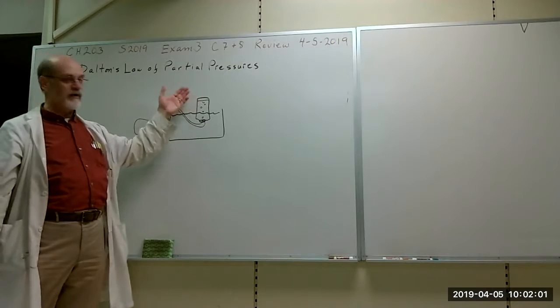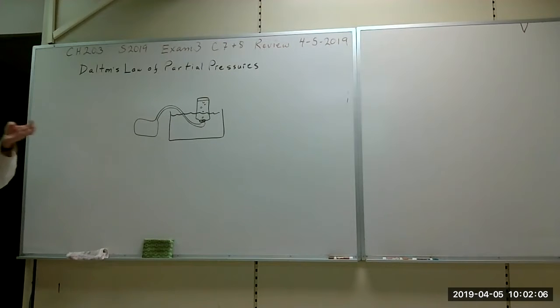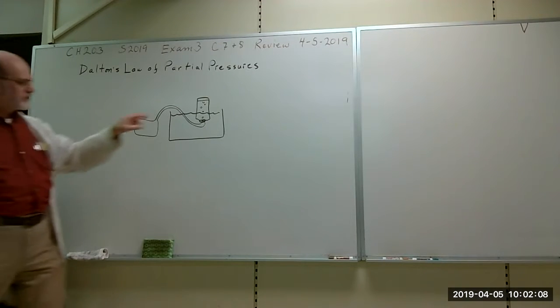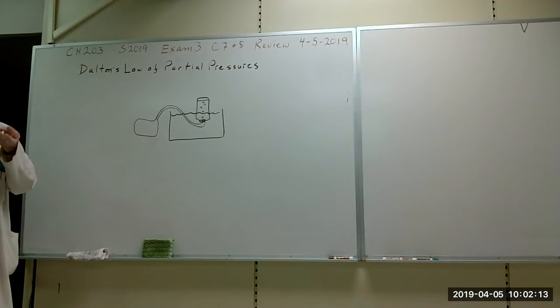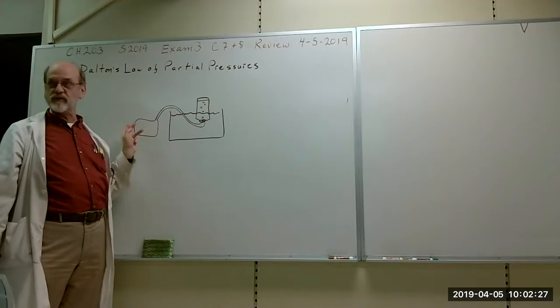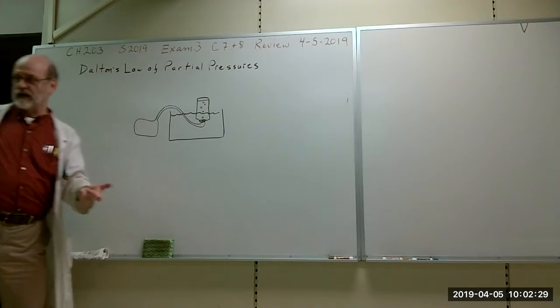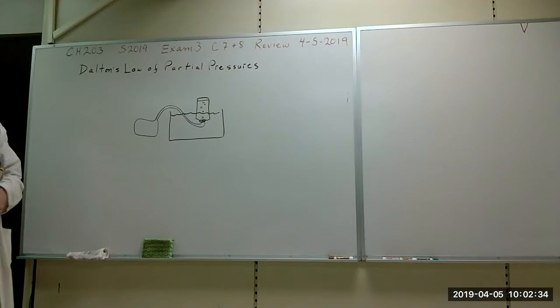If we know the atmospheric pressure, because the difference between this and that is negligible, and we measure the volume, then we have the temperature, and we have the universal gas constant. We can find out how many moles there are. So we know how many moles of gas were produced in this reaction, and we can figure out whatever we want to do with the stoichiometry based on that.